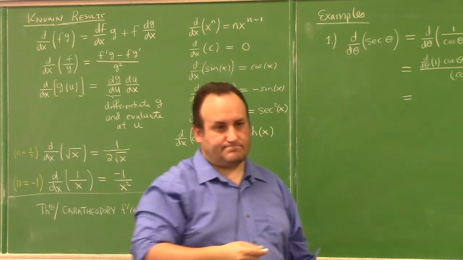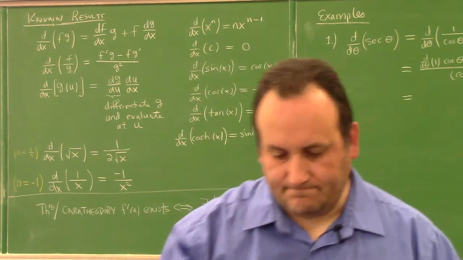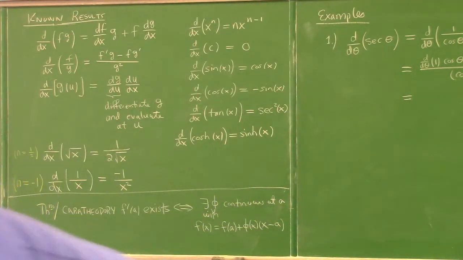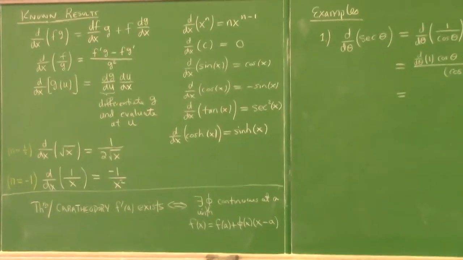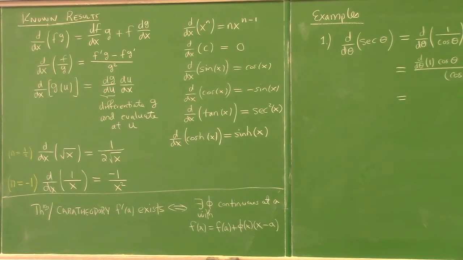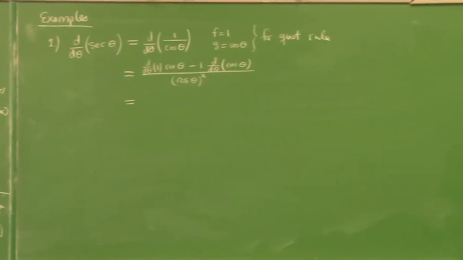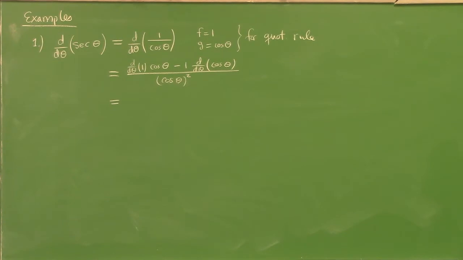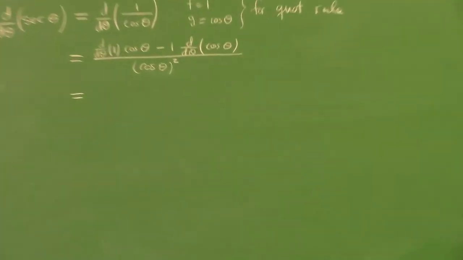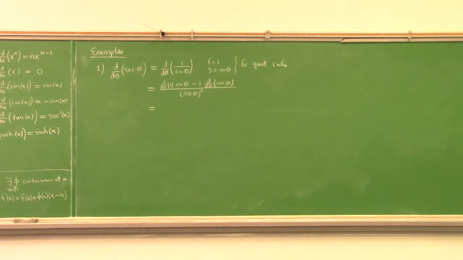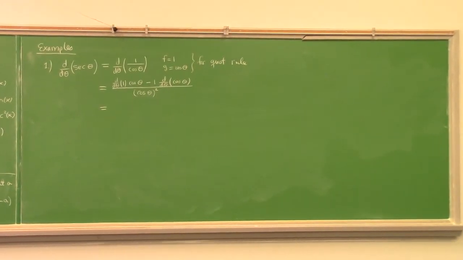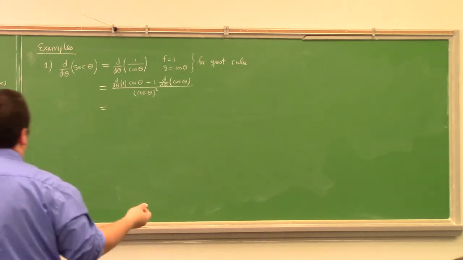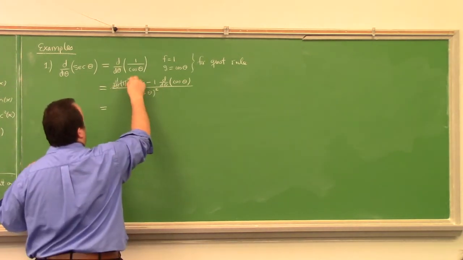How's that work out? Let's see here. So the derivative of 1 is 0, right? That piece is gone.